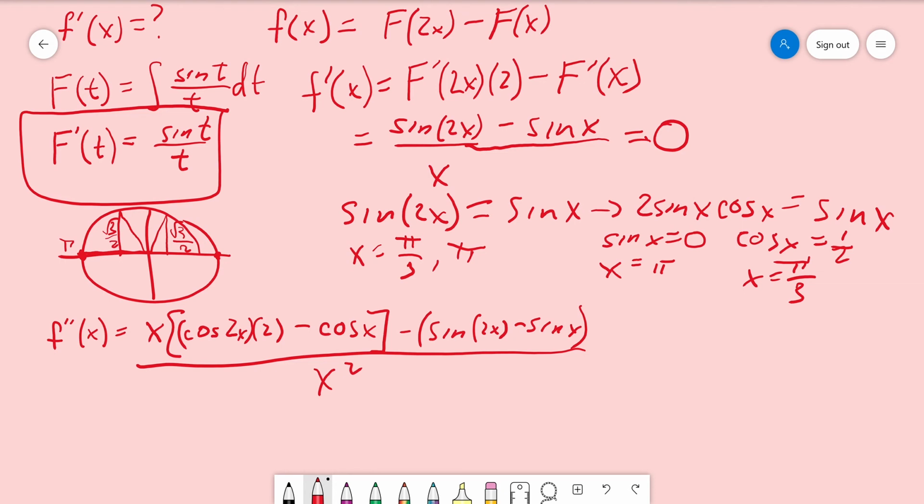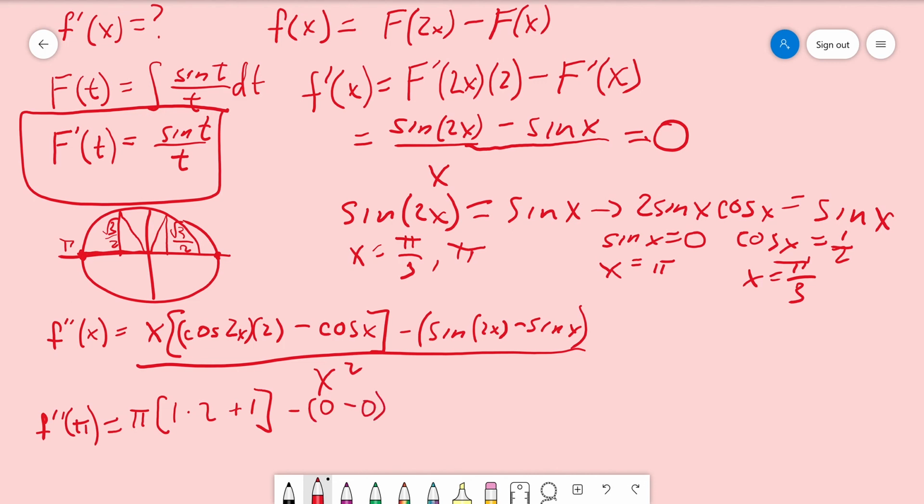So now let's plug in pi and see if that gives us a positive or a negative second derivative. Well, f double prime of pi is going to give us pi times, well, what's cosine of 2 pi? That's going to be 1 times 2 minus cosine of pi, which is negative 1. So it's going to be plus 1 altogether, minus sine of 2 pi, that's just 0, minus sine of pi, which is also 0.